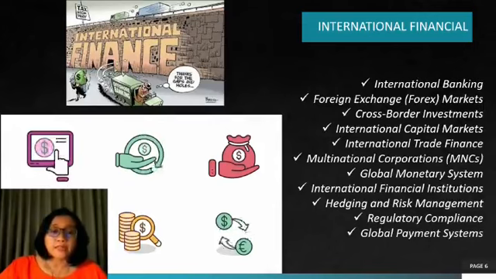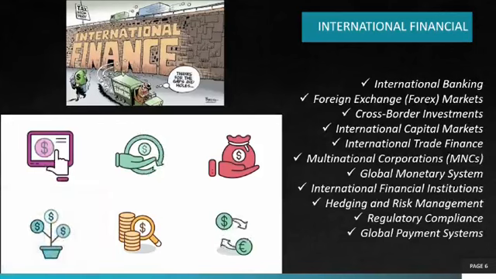Some key components are international banking, foreign exchange, cross-border investment, international capital market, international trade finance, multinational corporation or MNC, global monetary system, international financial institution, hedging and risk management, regulatory compliance, global payment system.